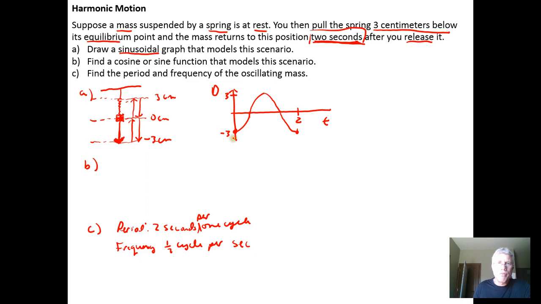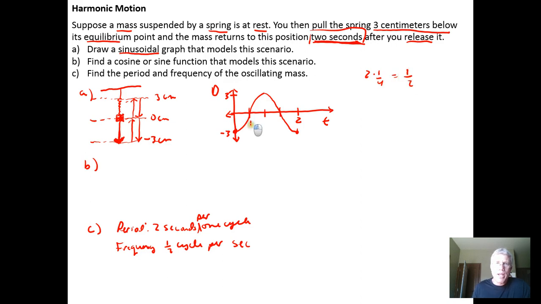We can do all of the nice things we're usually expected to do with graphs: label our axes, put some tick marks in. This is one period. We know from our work with sine and cosine functions that it's broken into 4 equal parts, and if we want to label those tick marks, we just take the period, 2, and multiply it by 1/4, which will give us a half.